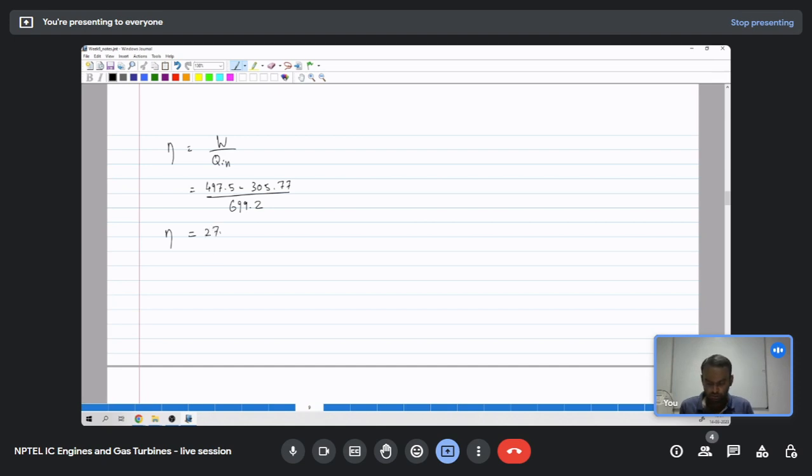This is 27.4%. So we have obtained the thermal efficiency of the actual cycle.